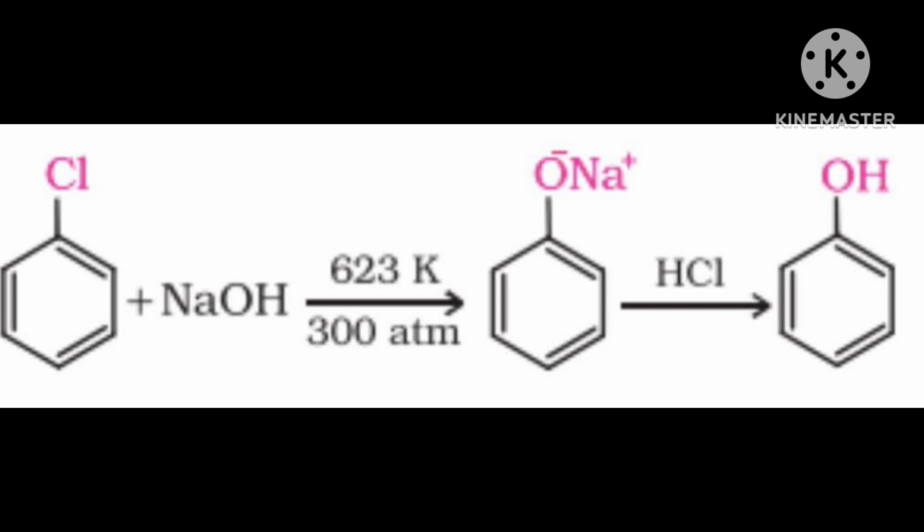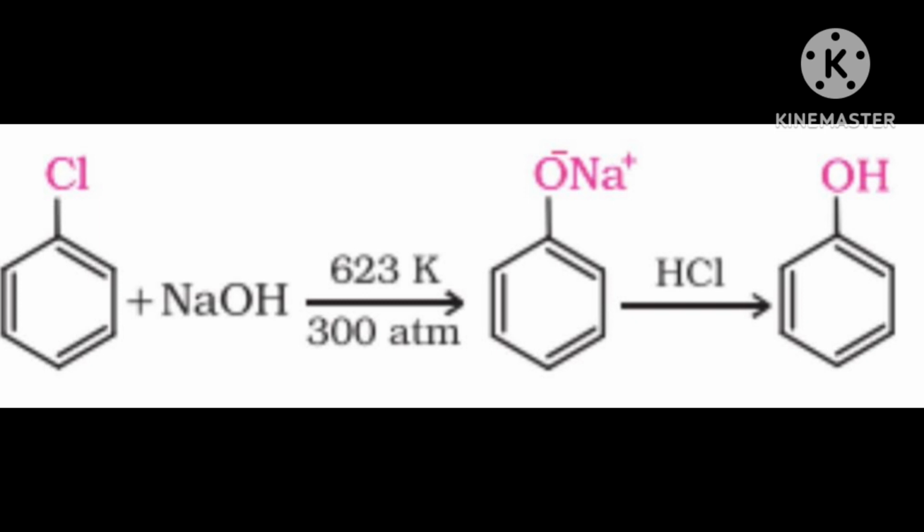Actually you can write directly, with benzene SO3H attached, directly phenol. But I am telling you how you will get phenol, because the group is SO3H. How did it directly convert to OH? This is important. In the middle one product will form, that is sodium phenoxide.